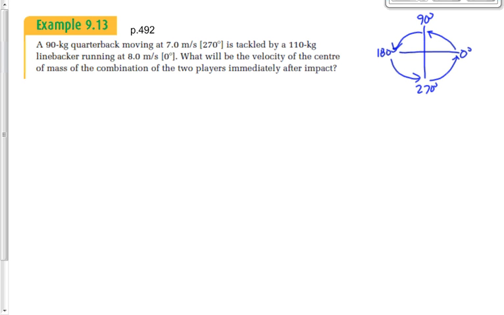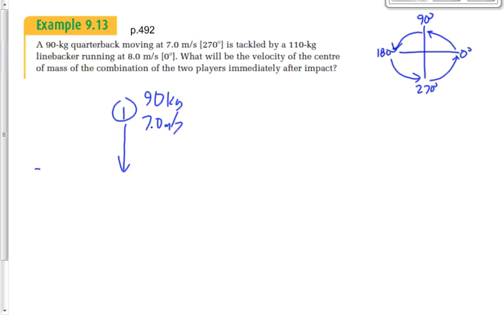So what we've got here in this problem is one football player, a quarterback, we'll call him object number 1, is moving downward at 270. His mass is 90 kilograms, and his velocity is 7.0 meters per second downward. But we got another guy that's 110 kilograms that's moving at 0 degrees. 0 degrees is to the right.